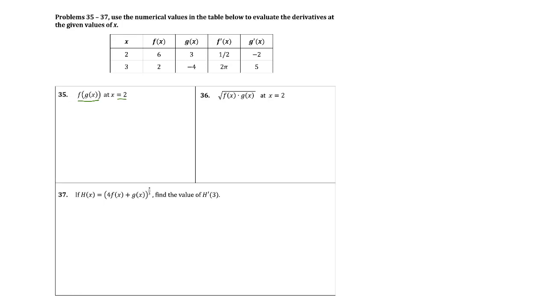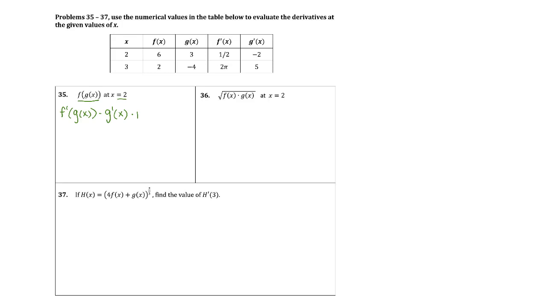Well, the derivative of f of g of x is just like what we've been doing. You first do the derivative of the outside times the derivative of the inside, and then you would still take the derivative of x, which is just 1.